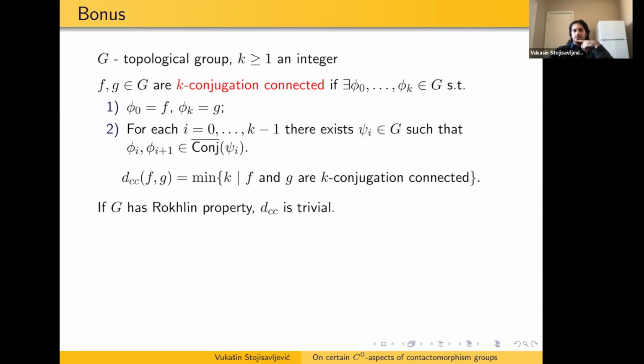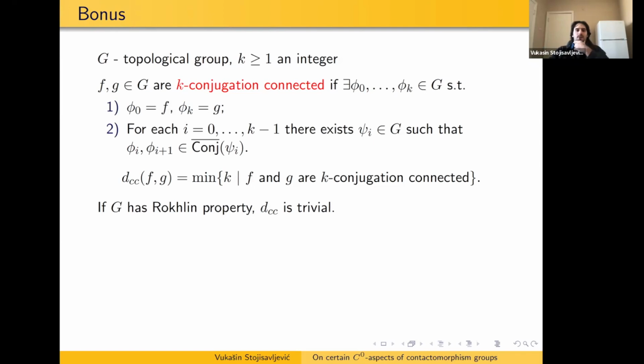And now we notice the following thing. If G has the Rokhlin property, then this metric is trivial, in the sense that it is 0 if F and G coincide, and it is 1 if F and G are different, because any two elements can be immediately connected by this Rokhlin element.